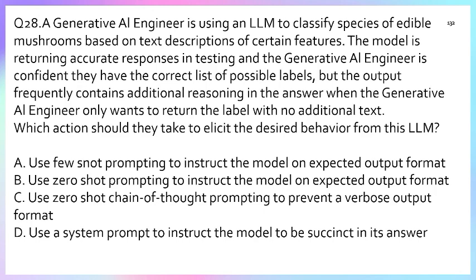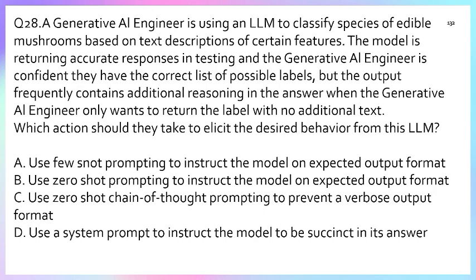Chain-of-thought prompting is specifically designed to make the model more verbose. It encourages the model to show its reasoning steps, which is the opposite of what the engineer wants. So this option is also incorrect.